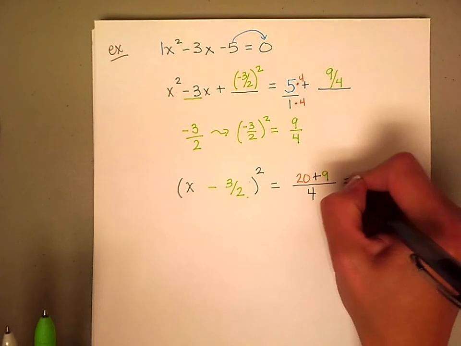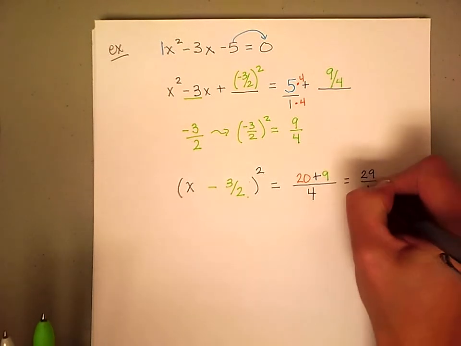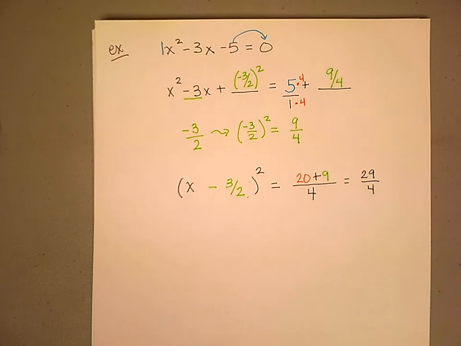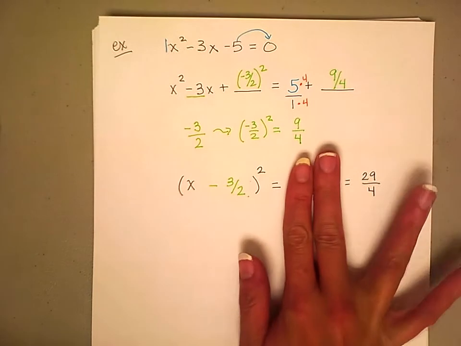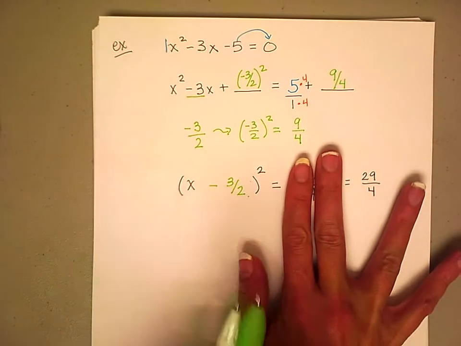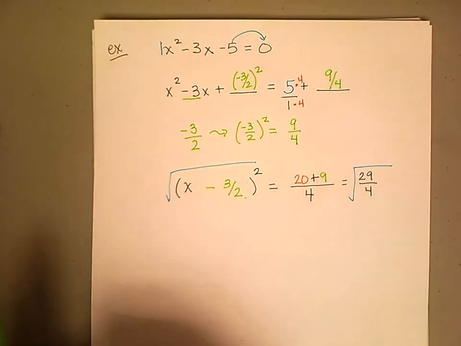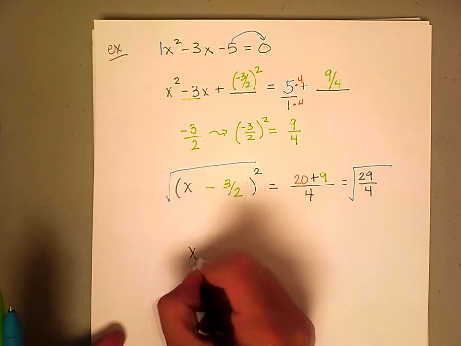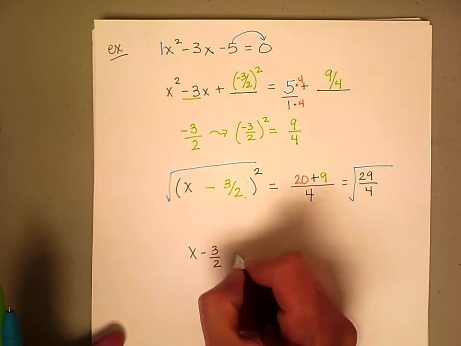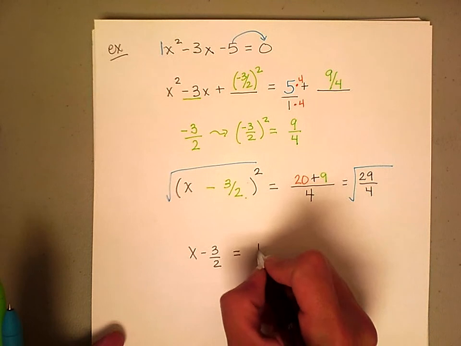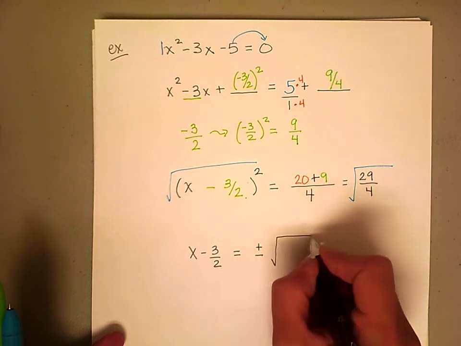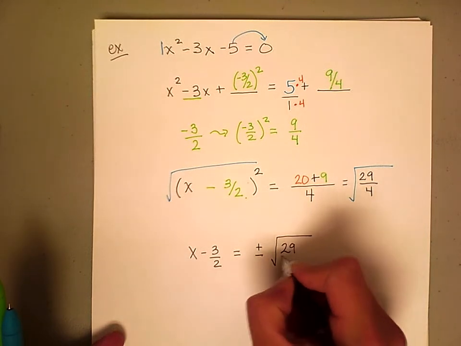And that's equal to 29 over 4. Okay. So from here, we can take the square root to get the quantity x minus 3 halves is equal to plus or minus the square root of 29 over 4.